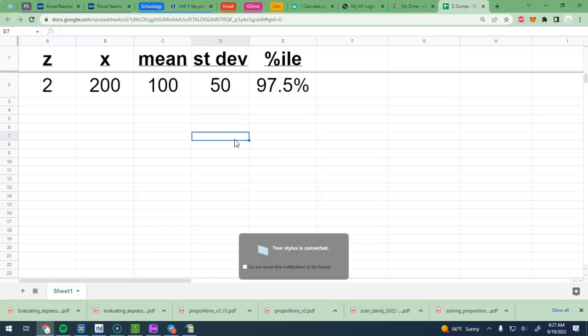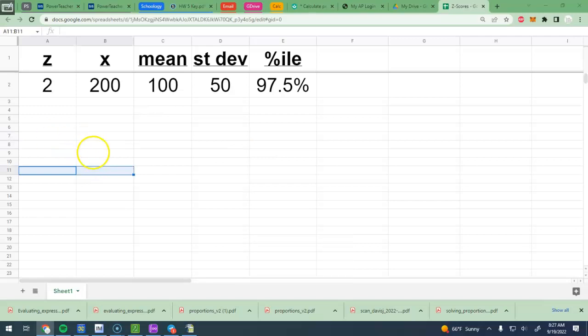So what this is saying here. This is our data point. This is the mean.